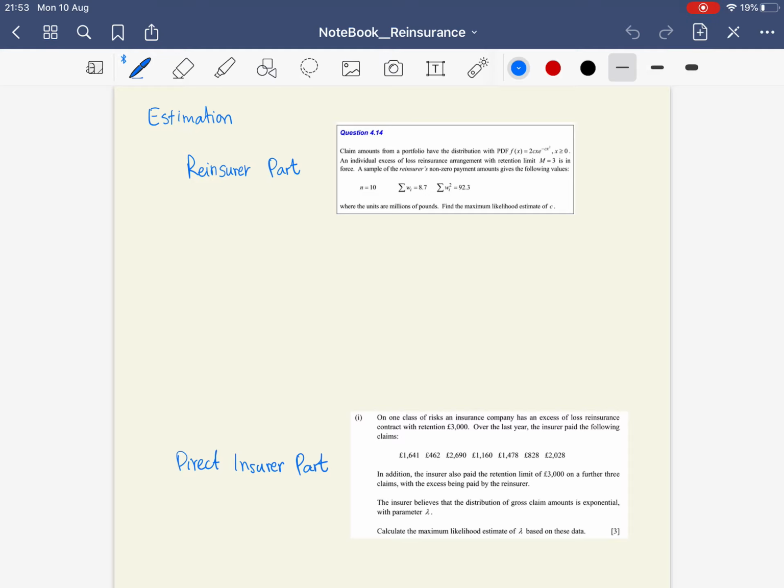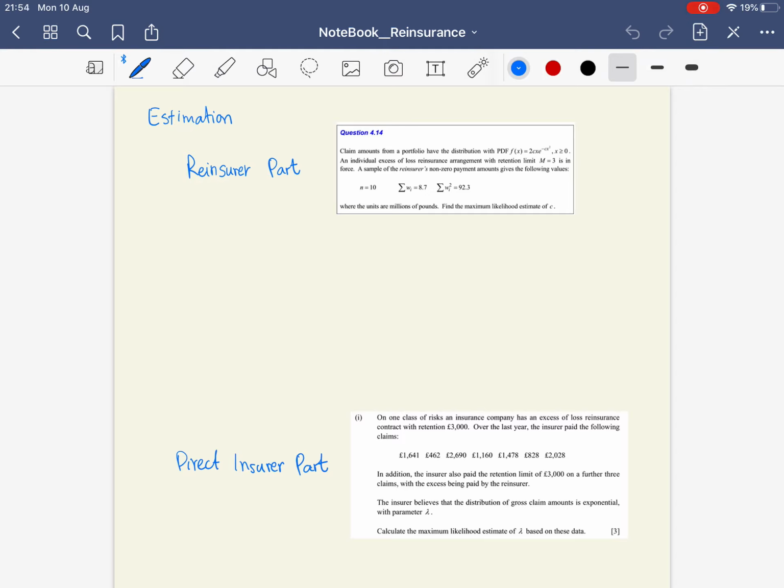Let's start from the easier one, the reinsurer part. So let's put ourselves in the shoes of the reinsurer. What the reinsurer sees is just the claims in excess of the retention limit. For the claims that do not exceed the retention limit, the reinsurer has no clue of them, right?